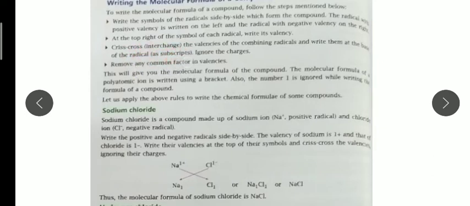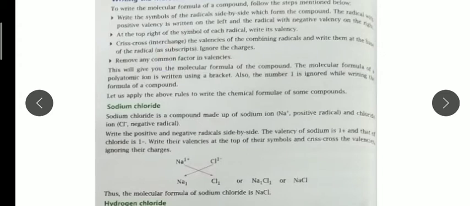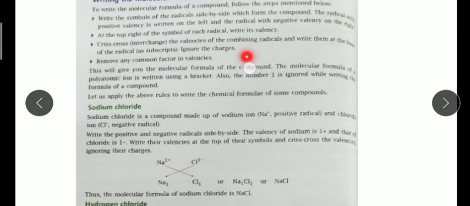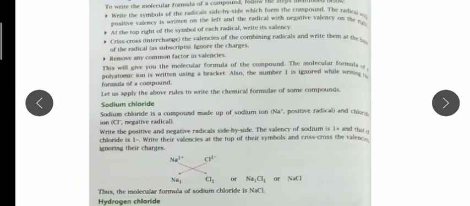So in the 7th or 8th class also I told you how to write a molecular formula. The same way, by the crisscross method or interchanging method, we can do it, and if the charges are the same we should ignore the charges, and if the charges are different then that charge or valency will also exchange.